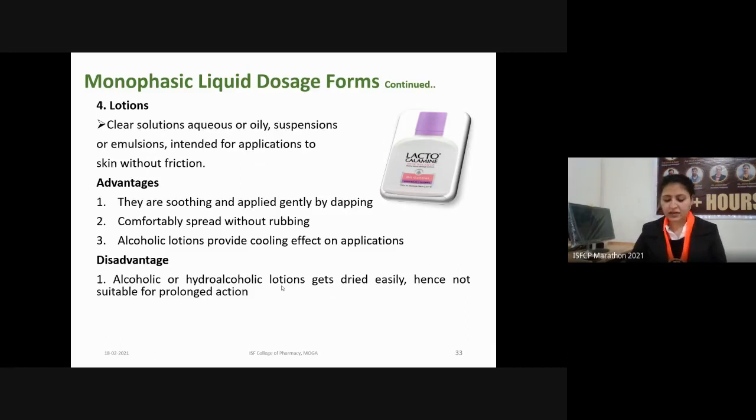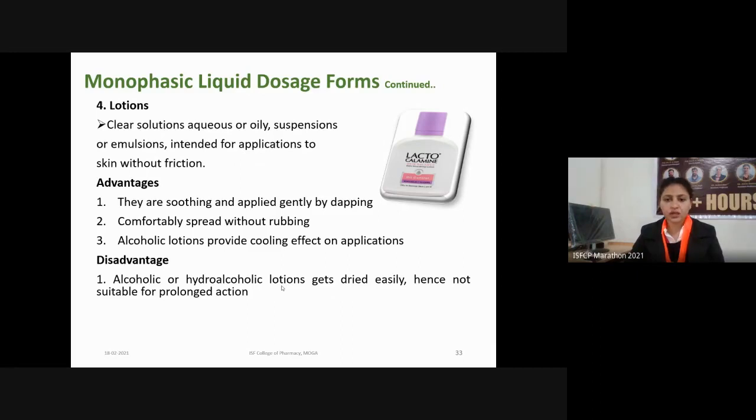Liniments are also for external application on the skin, and lotions are also external monophasic liquid dosage forms used for application on the skin. The basic difference between liniments and lotions is that liniments are applied by rubbing, but in the case of lotions, no friction is required. Means these lotions can be applied to the skin without friction.